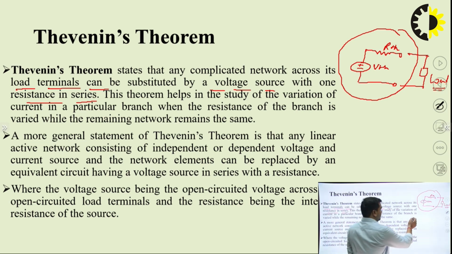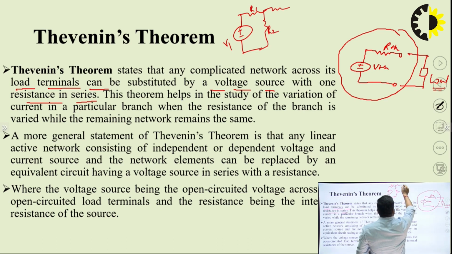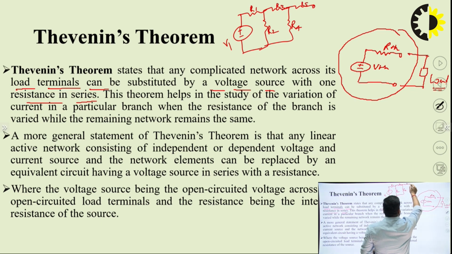Like here we can see any complex network we are having, like this: the voltage is V1, there is a resistance R1, R2, here it is R3, R4, and here it is R5, and here we are connecting the load resistance.